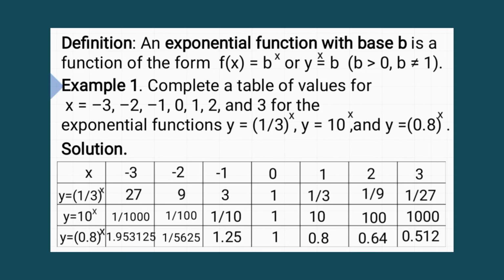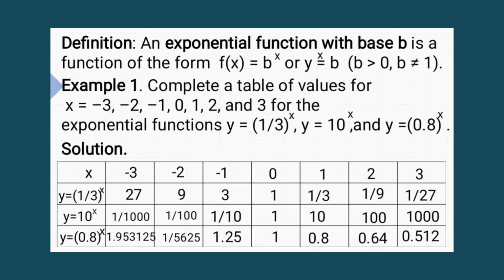And the last function that we have is y = 0.8^x. So 0.8 is greater than 0 and not equal to 1. Therefore, y = 0.8^x is an exponential function. Now let's substitute the given values of x. When we substitute, we can use a scientific calculator to check your answer.